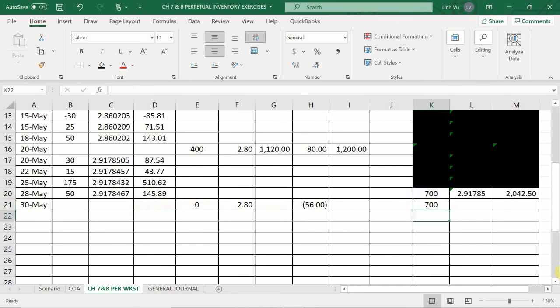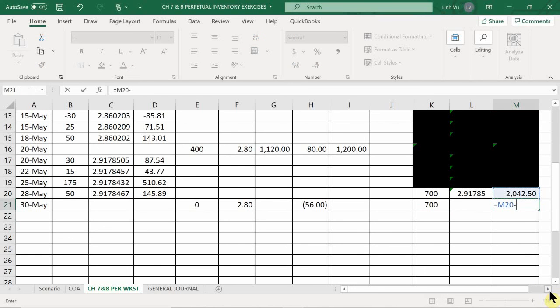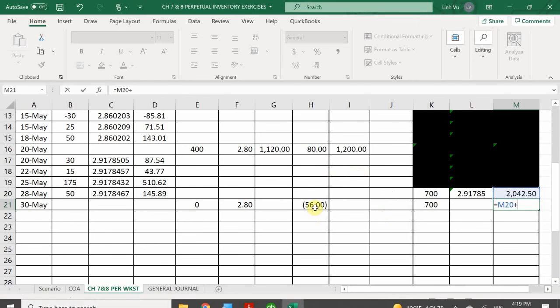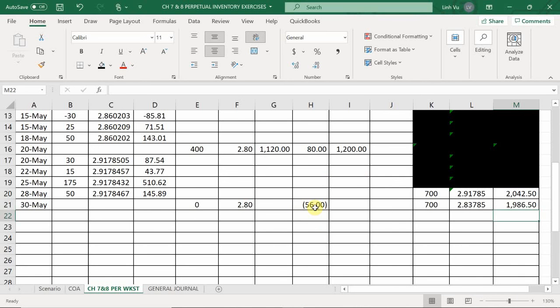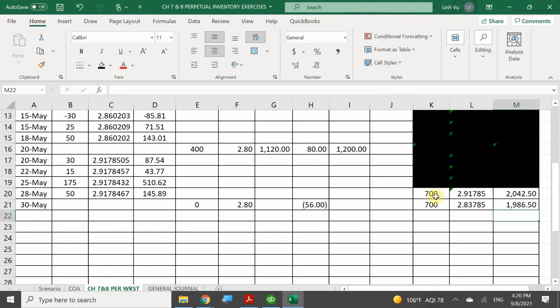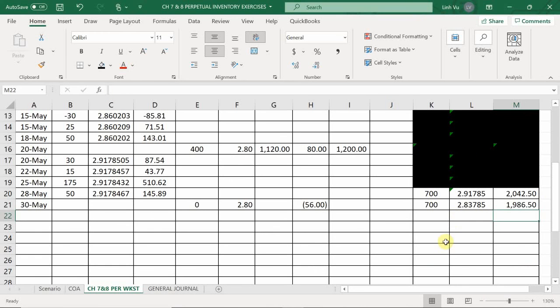So again, 700 minus 0 gives you 700. However, the $2,042.50 minus the $56 is going to get you a total of $1,986.50, which drops your average cost per item down to almost 10 cents. Wow. That discount made a huge difference.